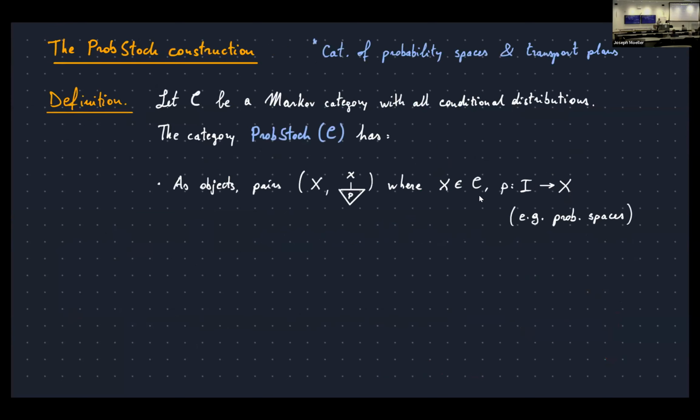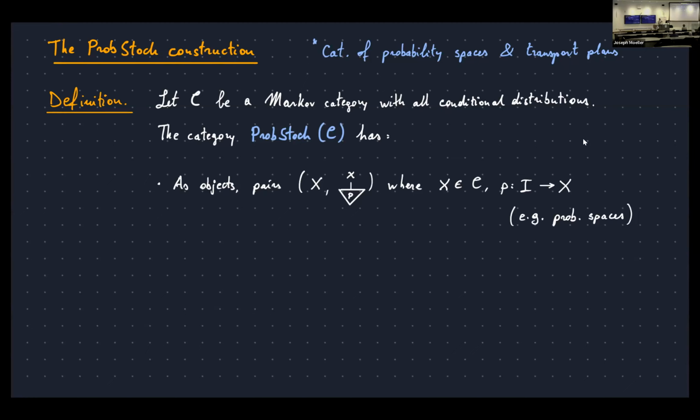All right, now let's move on. We're now going to talk about this construction, which is the ProbStoch construction, which is a new category constructed from a Markov category. One way to interpret it is a category where objects are probability spaces, so not just measurable spaces, but with a probability measure, like measure spaces, and morphisms are transfer plans.